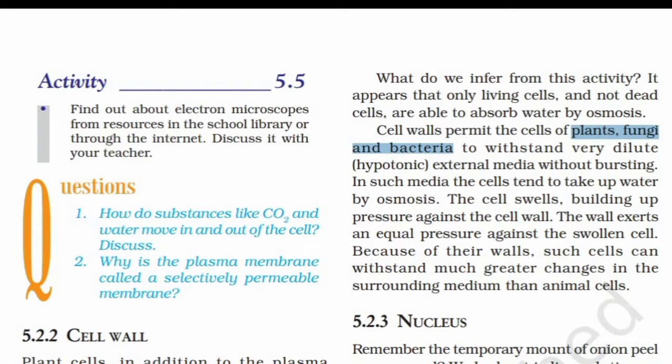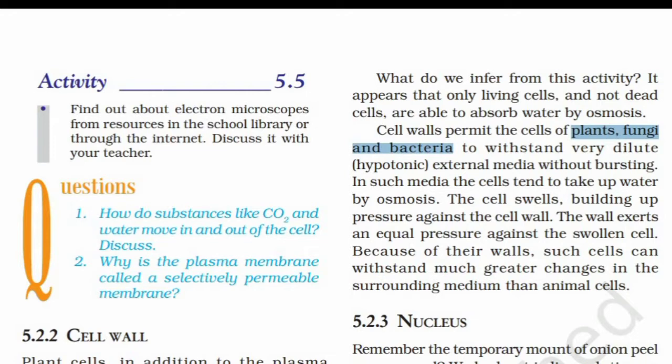The cells don't burst because of the water. The cell walls are so rigid that they help the plants, the fungi and bacteria to live properly in the dilute hypotonic external media, and they don't burst because they have the strong covering of the cell wall.